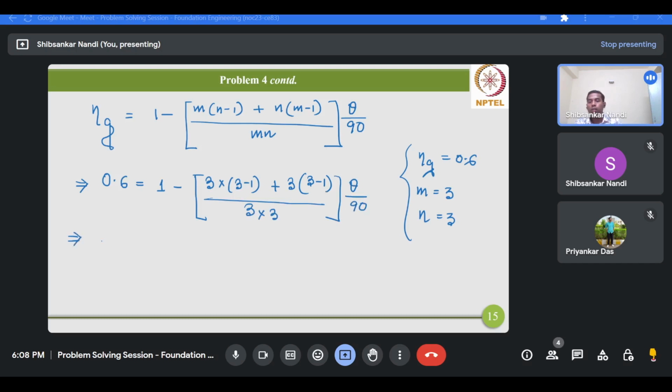If you solve this equation, you will end up with the value of theta as 27.